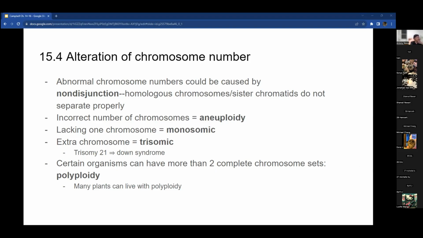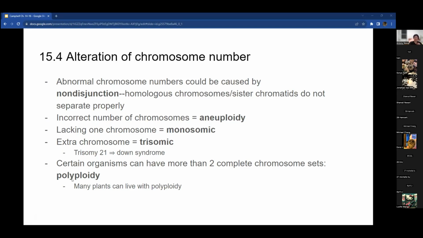This aneuploidy is not to be confused with polyploidy. Aneuploidy means you have a duplication or an absence of a single chromosome, whereas polyploidy is a duplication of the entire genome.